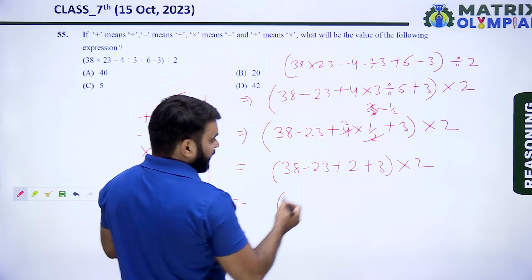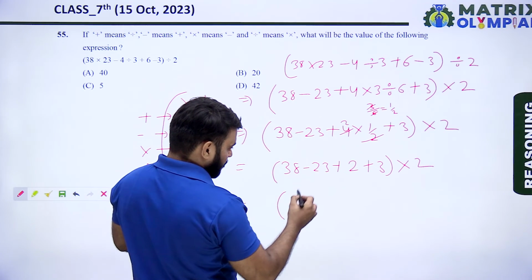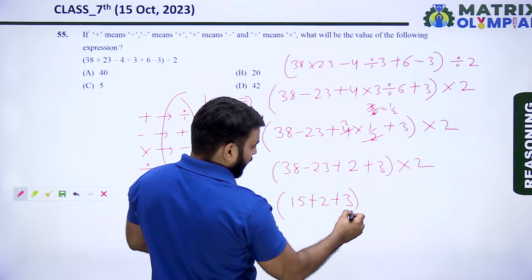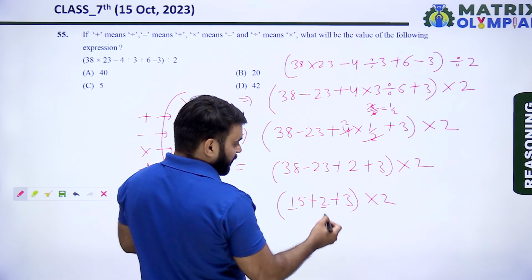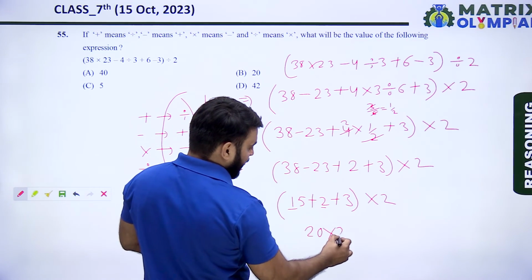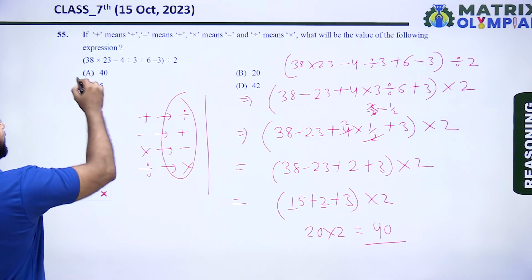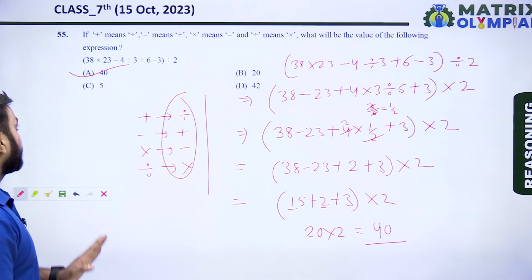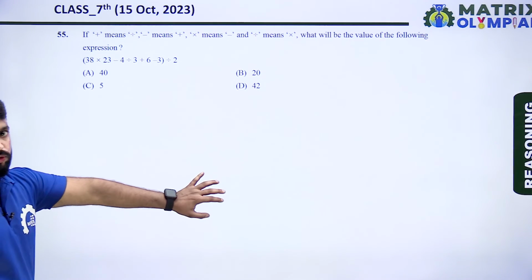So 38 minus 23, it means 15 plus 2 plus 3 into 2. So 15 plus 2, 17 plus 2, it means 20, multiply by 2, it means 40. So here 40 is the correct value of this expression. So it means option A is the correct answer. So let's move on to the next question.